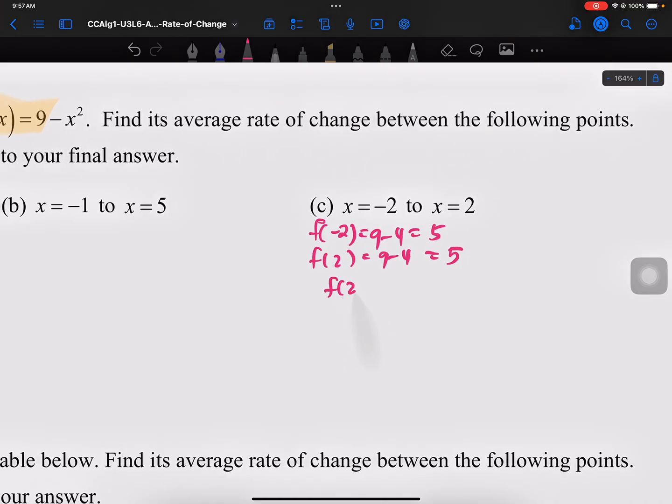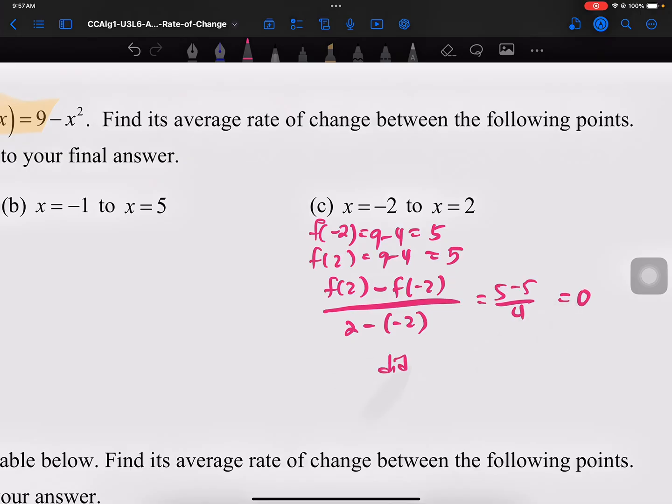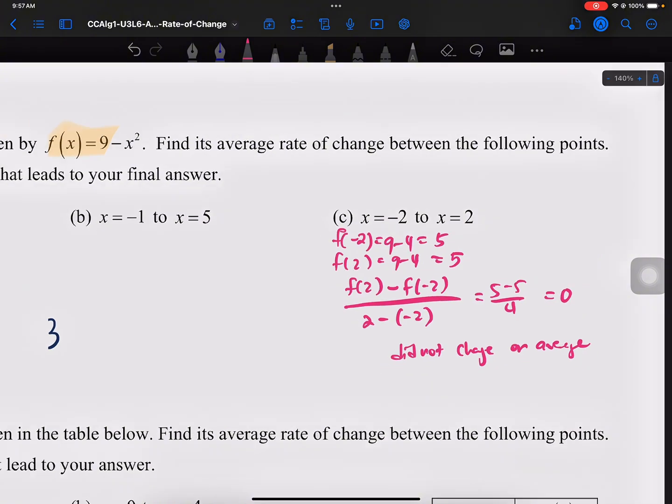Next, the formula says 5 minus 5 over 2 minus negative 2, which is 4, so 0. So the function did not change on average. It started and ended at the same height, so the graph was flat on average between those 2 points.